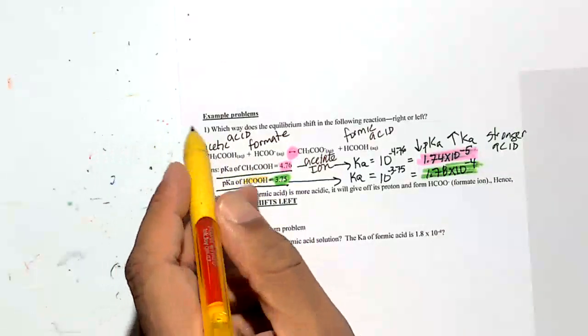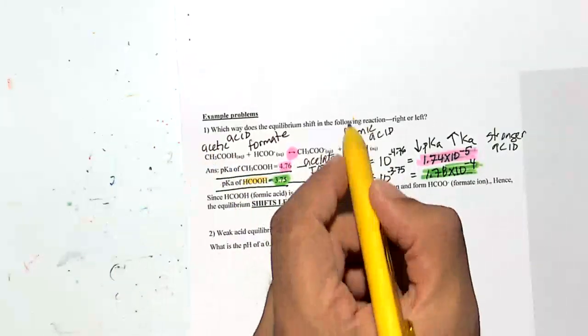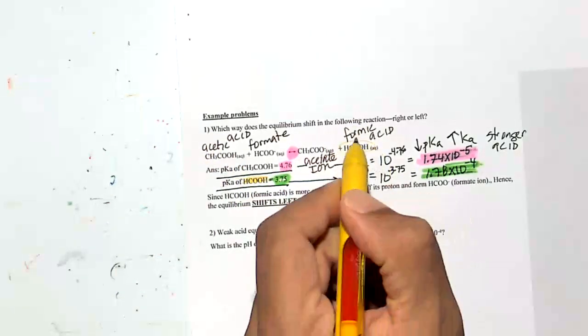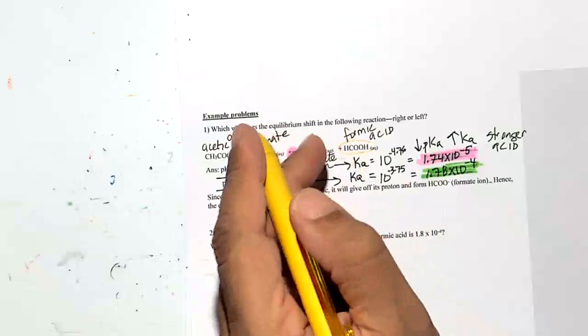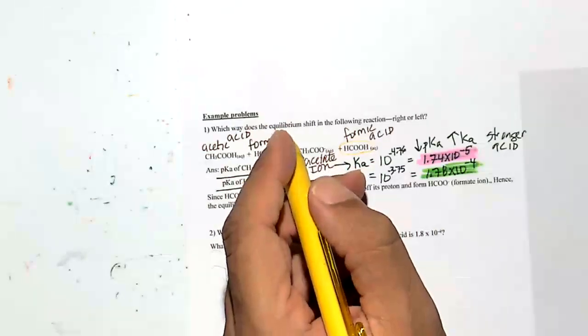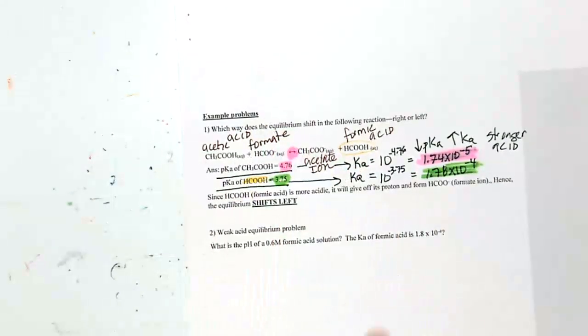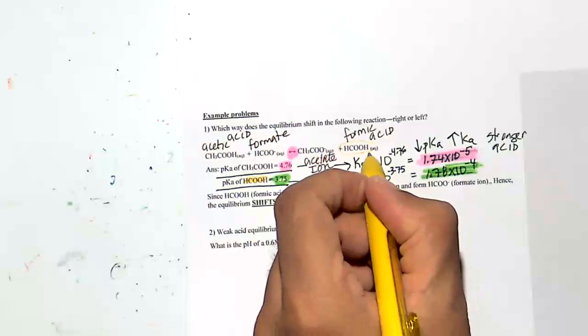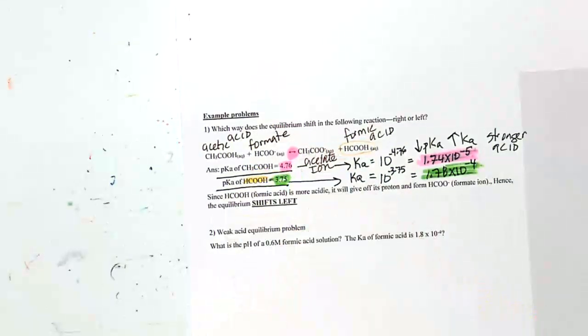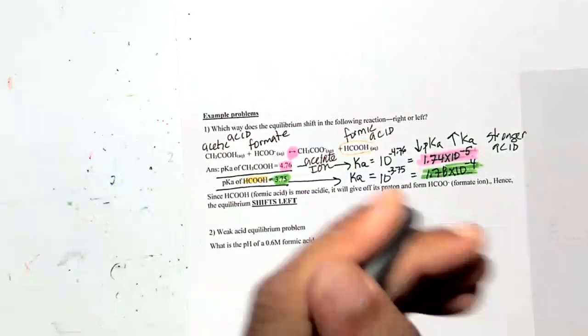So if this is the stronger acid, which way will the reaction shift? This is a better acid, so this is better at giving away protons, right? Since it's better at giving away its proton, the reaction is going to favor this way, the left-hand side.